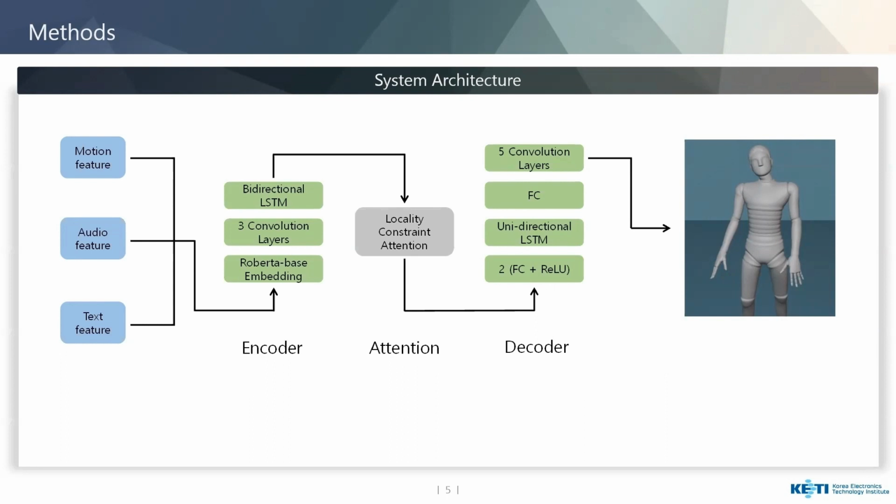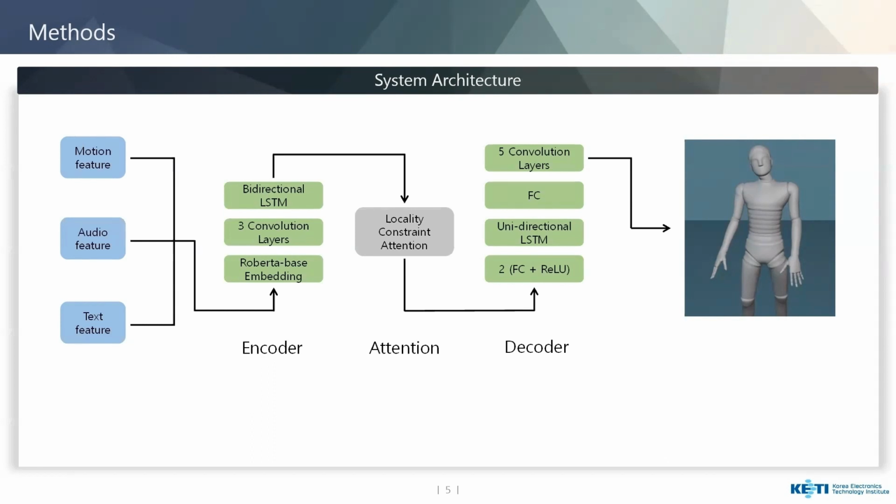We used an attention mechanism to decide which of the features from the encoder to use at the decoder, along with the information generated at the previous point in time. Our model uses locality constraint attention for this purpose.